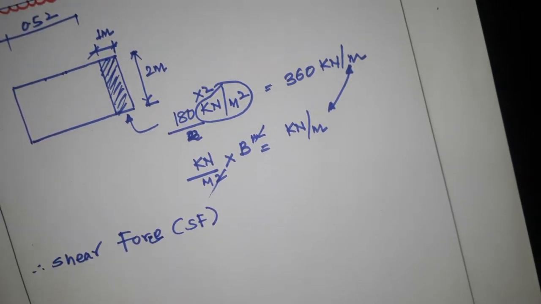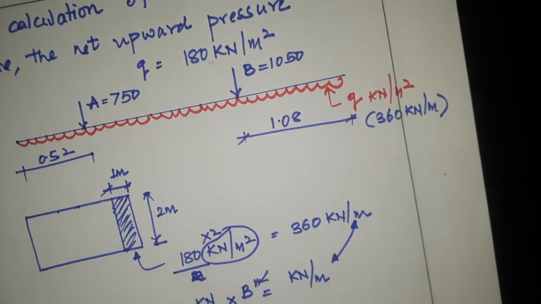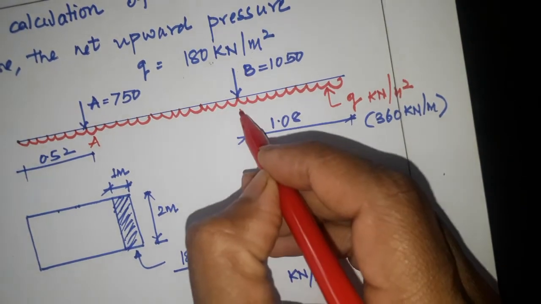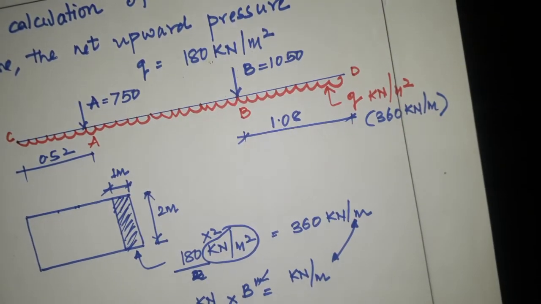I'll name the points A, B, C and D. Name it as ABCD.